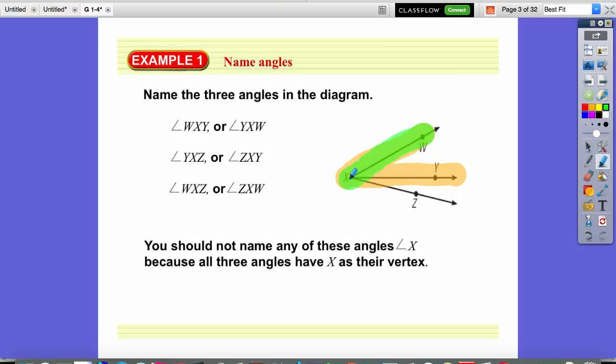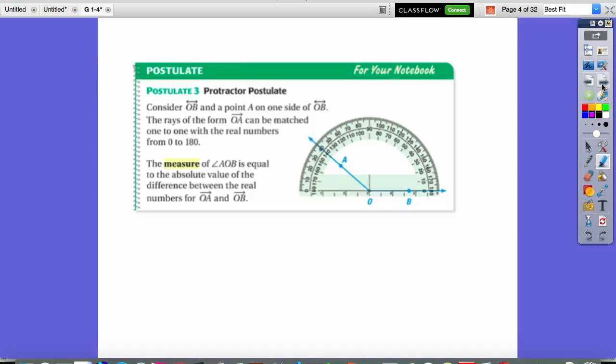We have angle WXZ, which we can call ZXW. And we have angle YXZ, which we could also call ZXY. So you have a few options there to name those angles and want to make sure you understand that.